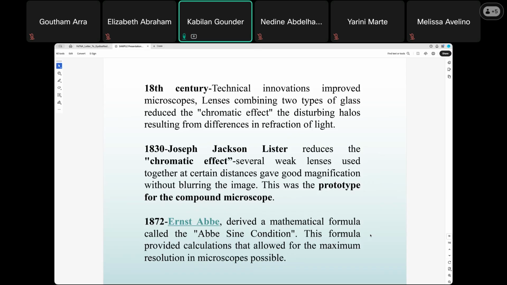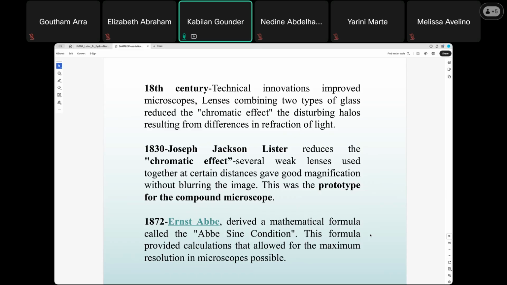So then in 1872, Ernst Abbe derived a mathematical formula called Abbe's sine condition, which provided a calculation that allowed for the maximum resolution possible in microscopes. So when you increase the image using the lenses, the resolution is also important.